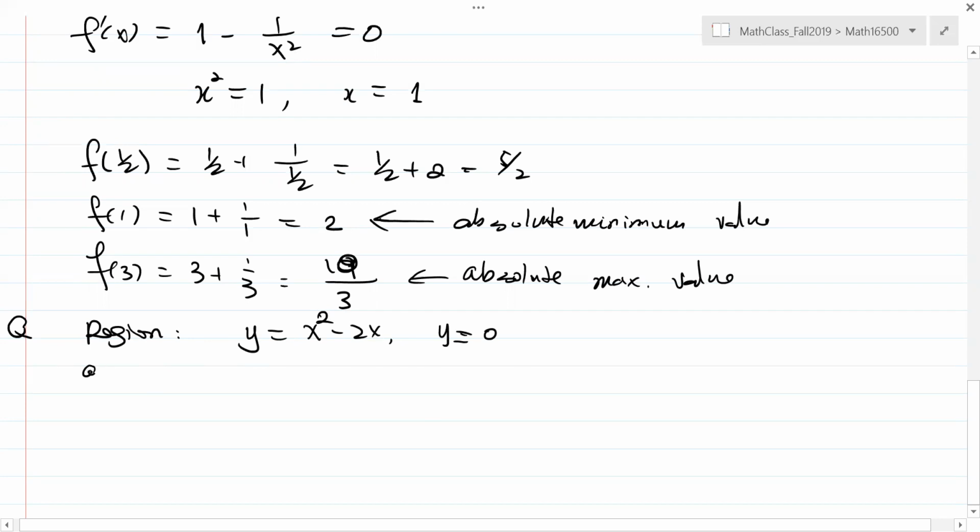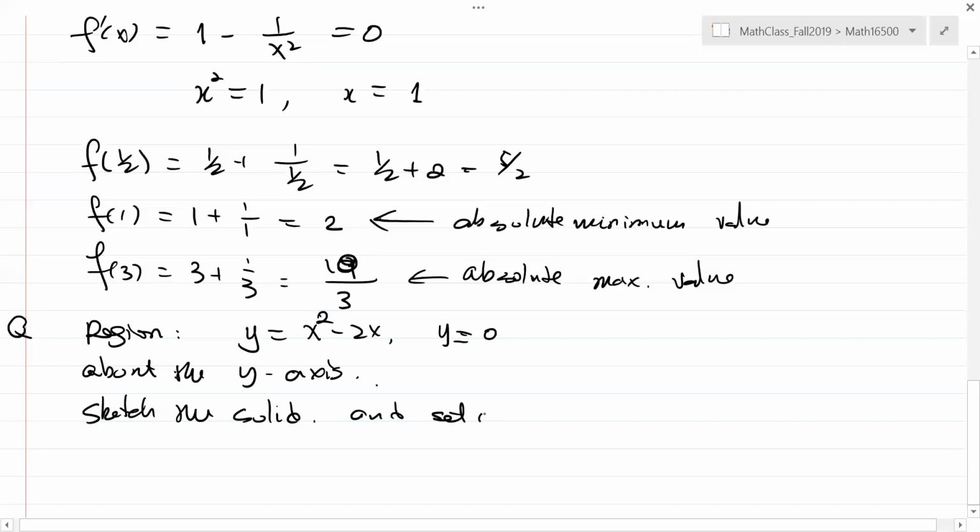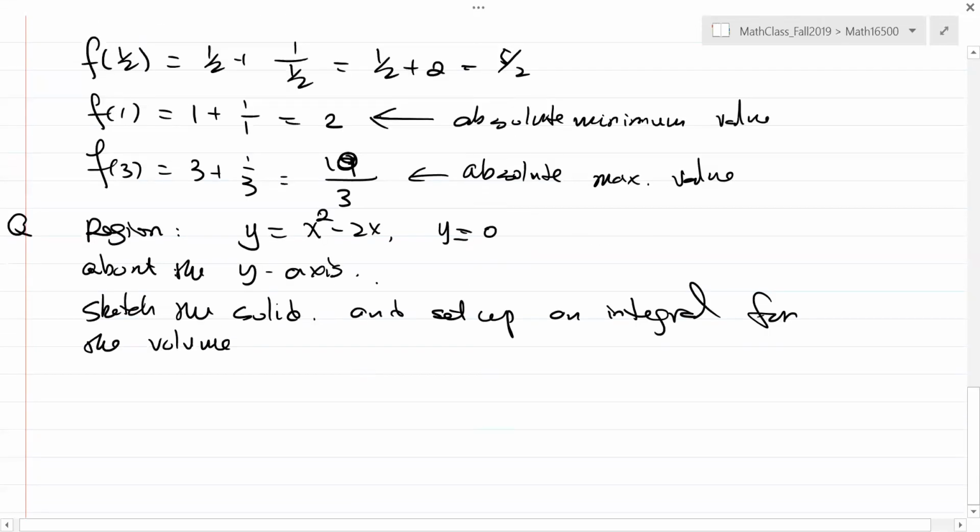So you have to sketch the solid and then set up an integral for the volume. Please sketch the graph first. I'll give you minutes. Think about how to set up the integral. Are you able to set up 3 integrals, if possible?